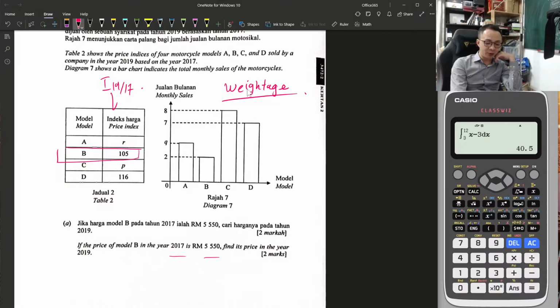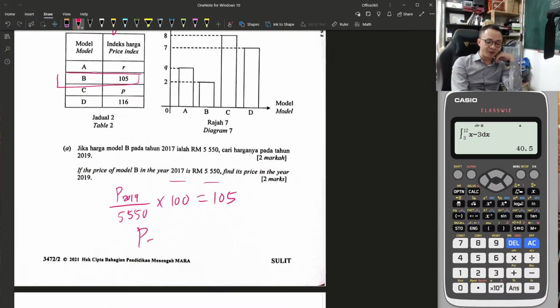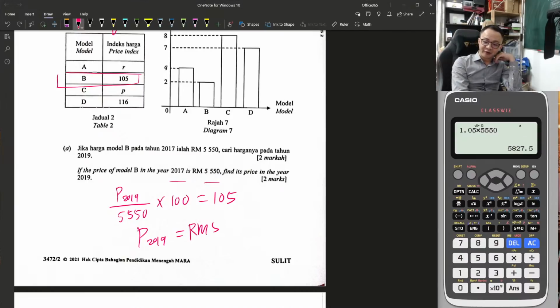Then we can do price for 2019 over price for 2017, 5550, multiplied by 100, I will get 105. By solving this, I can get the price for 2019. So it's 1.05 times 5550, which is about RM5827.50. For money, I put 2 decimals.